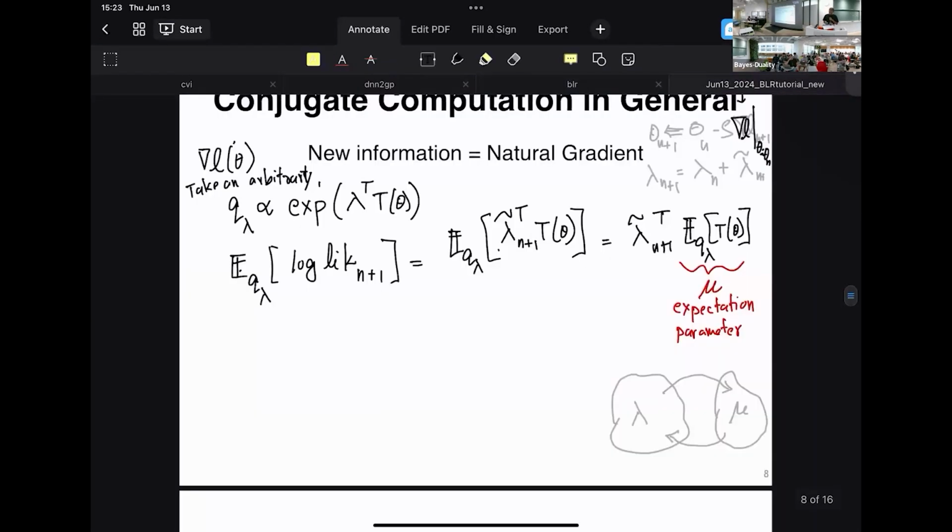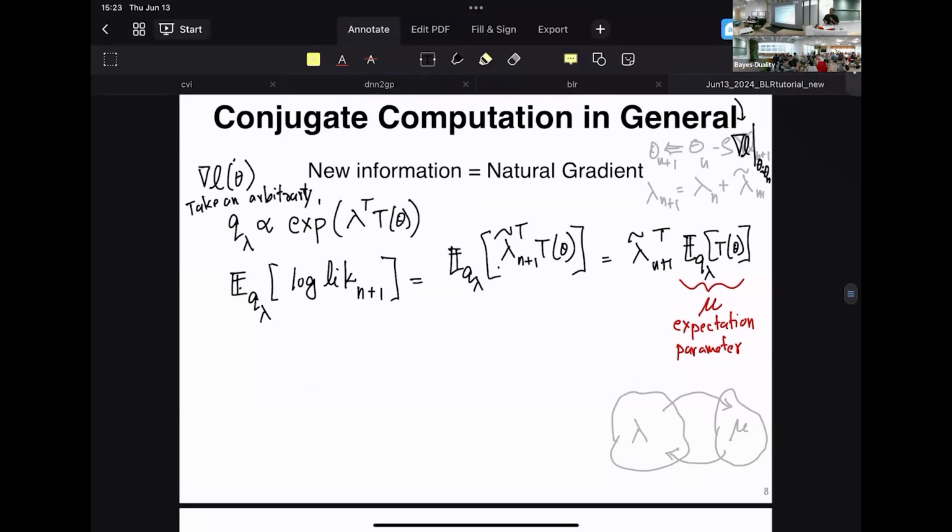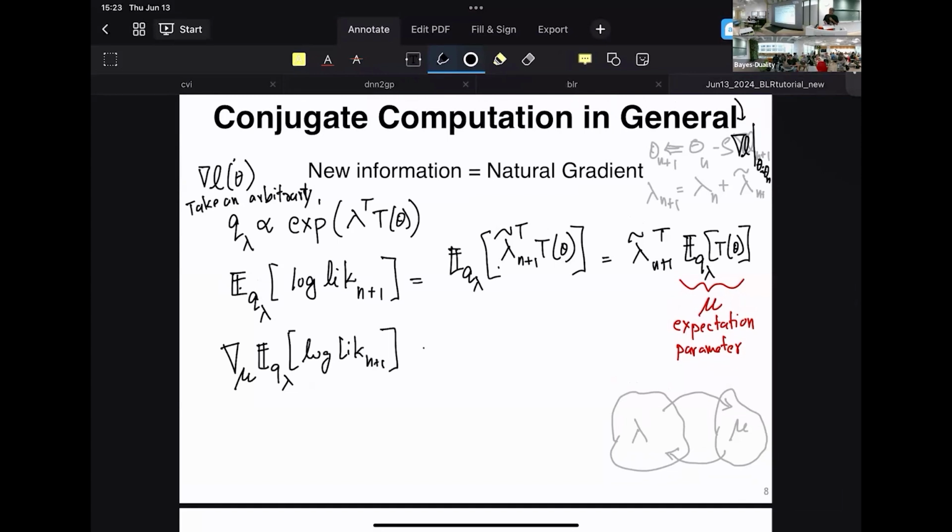Okay, so we're almost here, and now if I take the gradient with respect to mu of this, then I will get lambda tilde n plus 1. It makes sense because it's just linear.